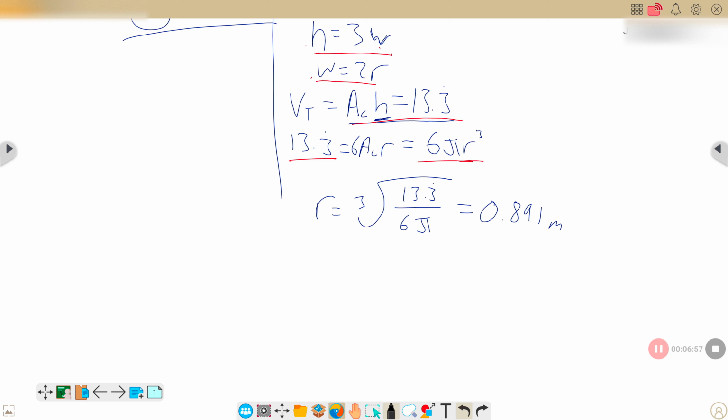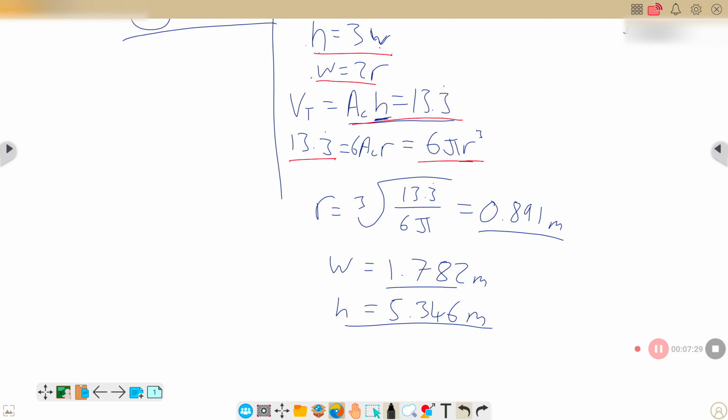Okay, well, if width is equal to 2r, then I can say that width is equal to 1.782 meters, and if h is equal to 3w, I can say that that is equal to 5.346 meters. Okay, so I've got these dimensions here.